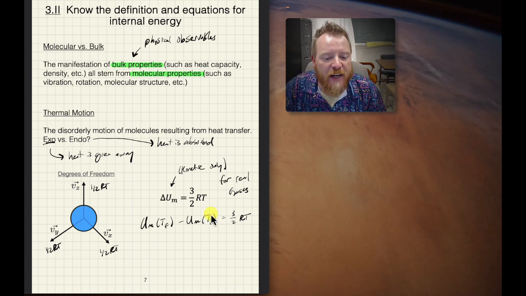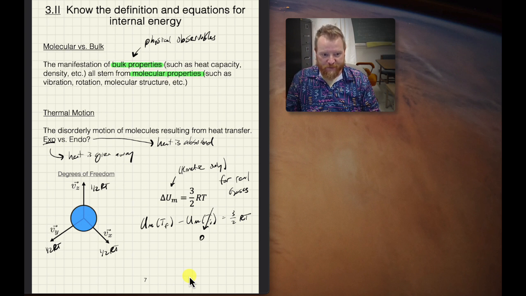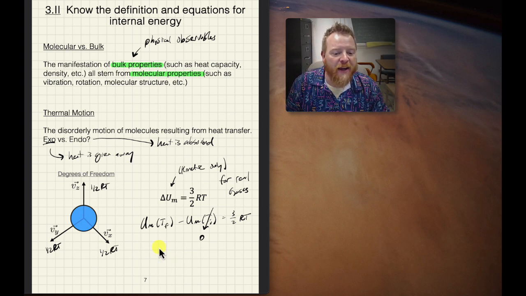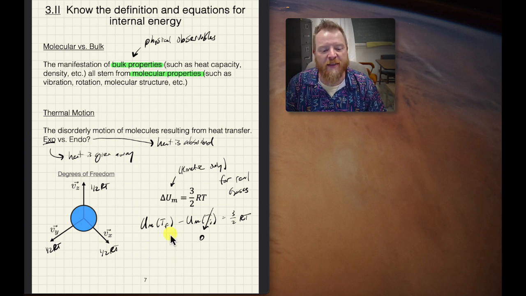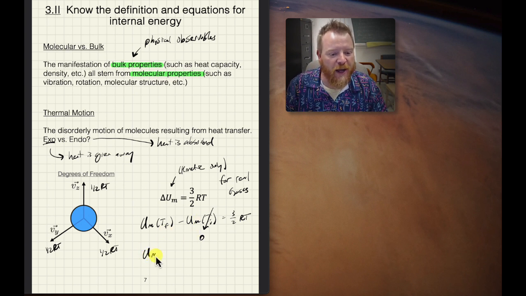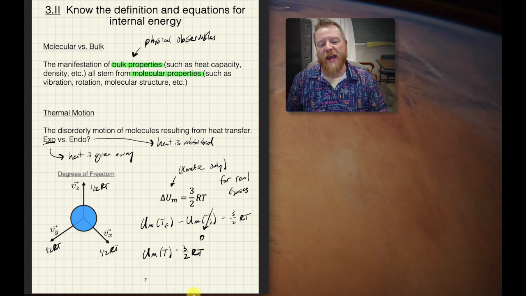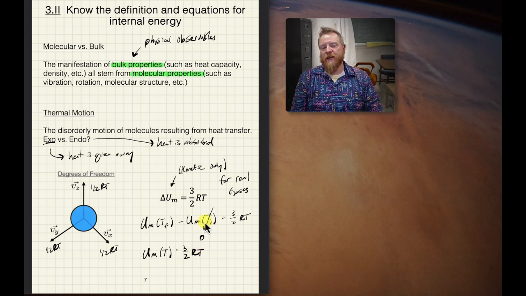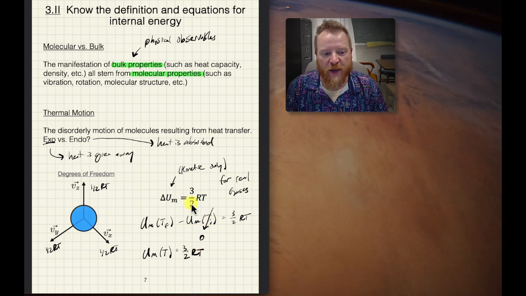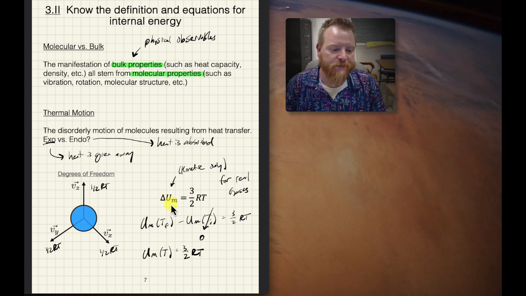If we set our stage all the way to 0 Kelvin, and approximating that energy will be 0 at 0 Kelvin, then we can just write that the molar internal energy without the delta as a function of temperature is simply 3/2 RT, right? So if we relate that all the way down to 0 Kelvin, we can get rid of the delta, right?